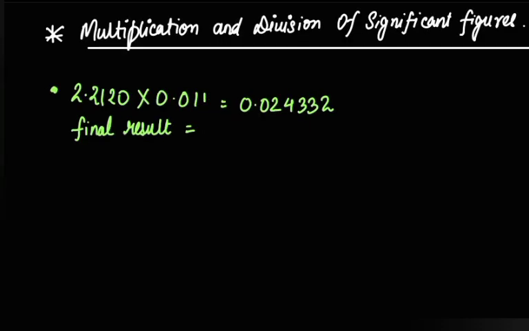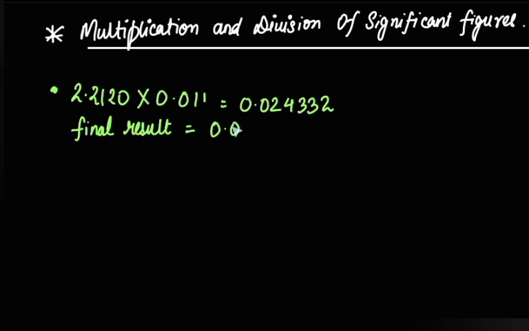Now our next topic is multiplication and division of significant figures. First let's see the multiplication. 2.2120 times 0.011. The answer we are getting is 0.024332. But the final result should be reported up to the same number of significant figures as present in the least precise number.